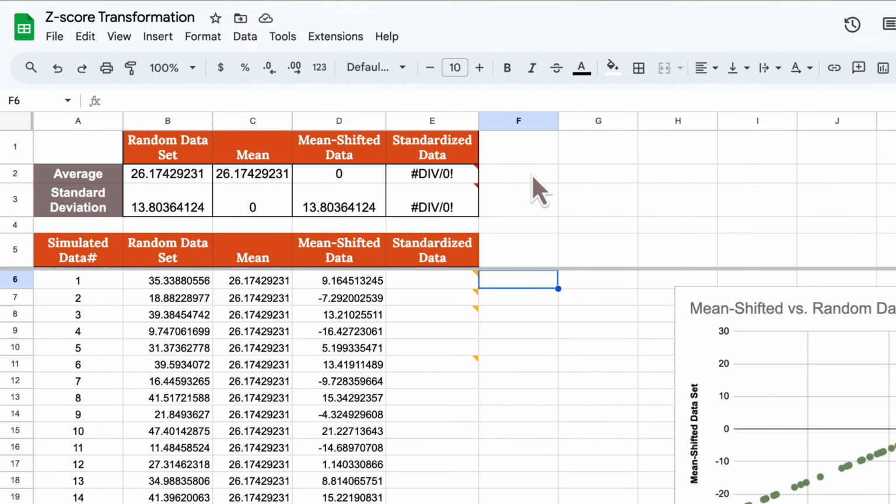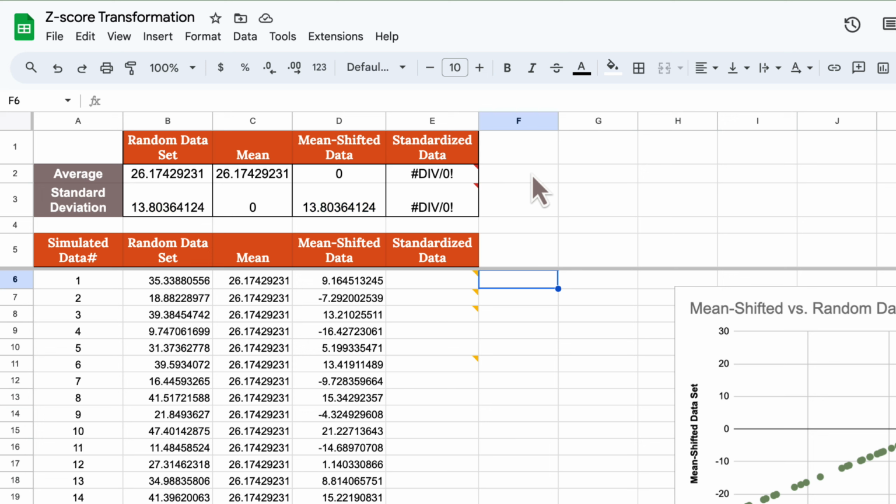Great, we saw in the last video in D2 that the mean shifted data was 0, and this would always be the case for a standardized data set. Notice, however, that our new data column, D, has the same standard deviation as our original data column, B. And that's because we haven't scaled it.